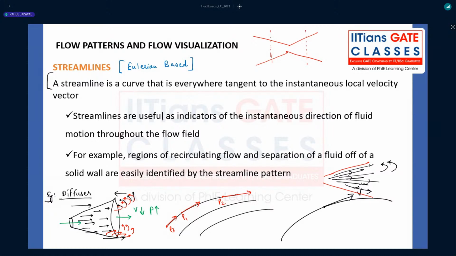So streamlines are useful as indicators of the instantaneous direction of fluid motion throughout the flow field. They are used, for example, in the region of recirculating flow and the separation of a fluid flow from a solid wall, which can be easily identified by the pattern of streamlines. Is that clear, all of you?